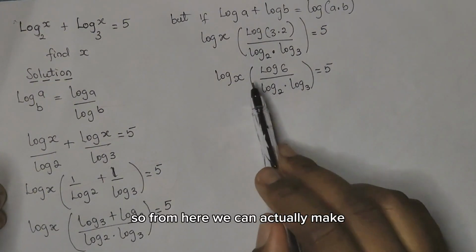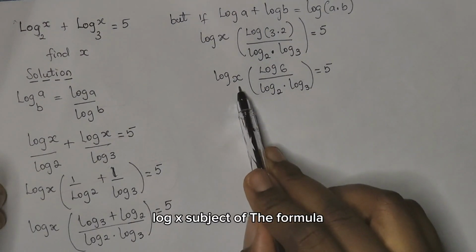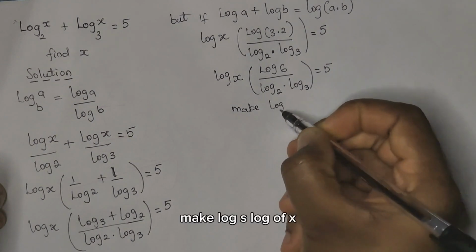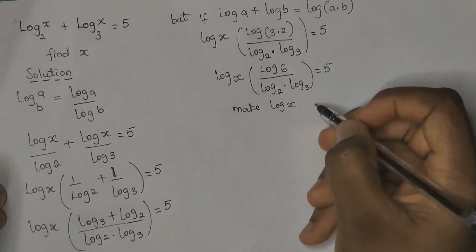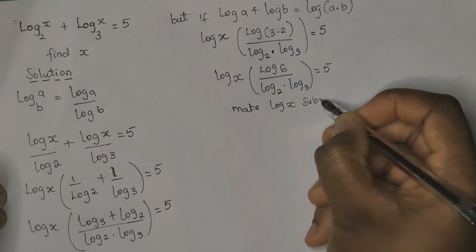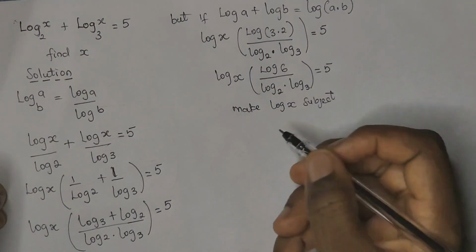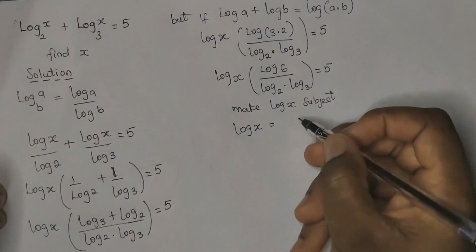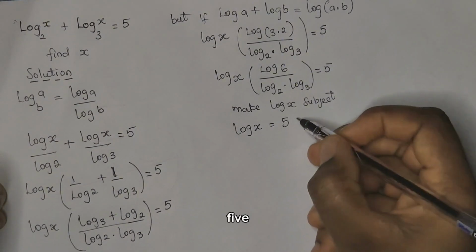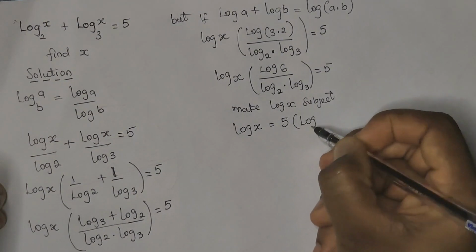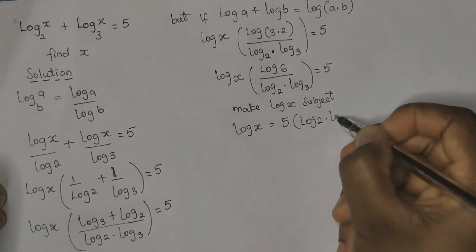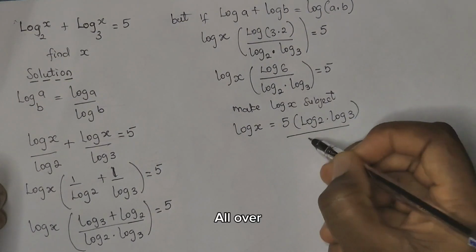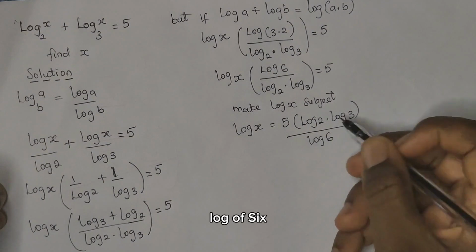So from here we can actually make log x the subject of the formula. We'll then be having log of x equal to 5 log of 2 times log of 3, all over log of 6.